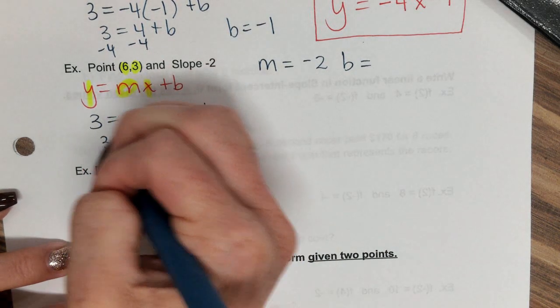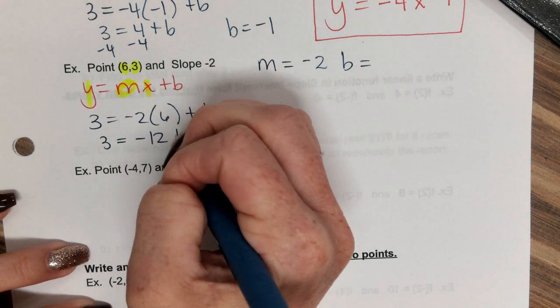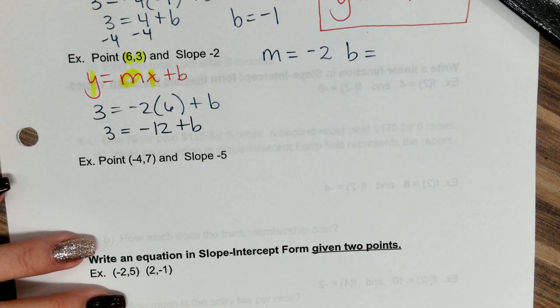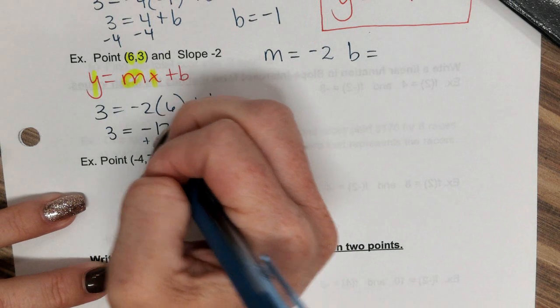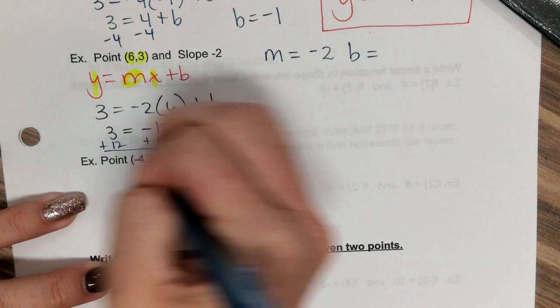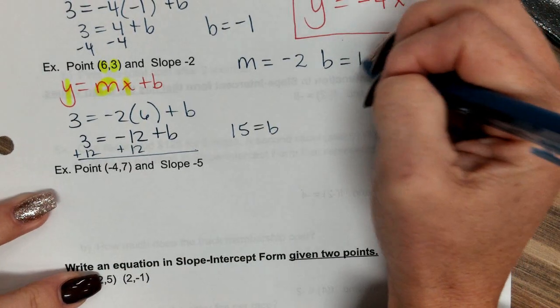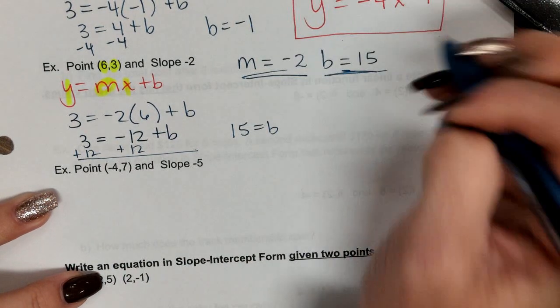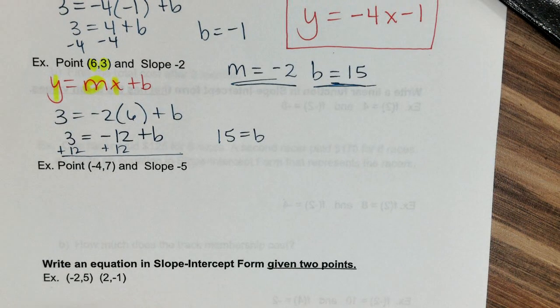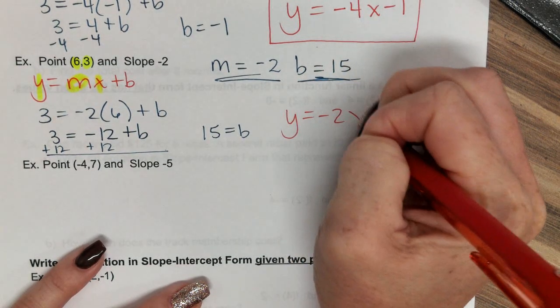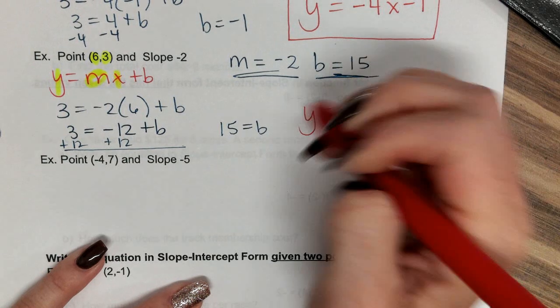So 3 equals -12 plus b. And then I'm going to add 12 to both sides. So I have 15 equals b. And there's my m and my b. So I would write my equation, y equals -2x plus 15.